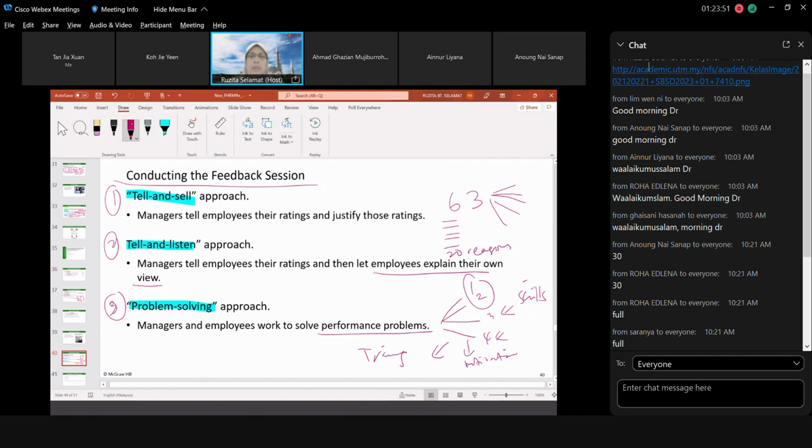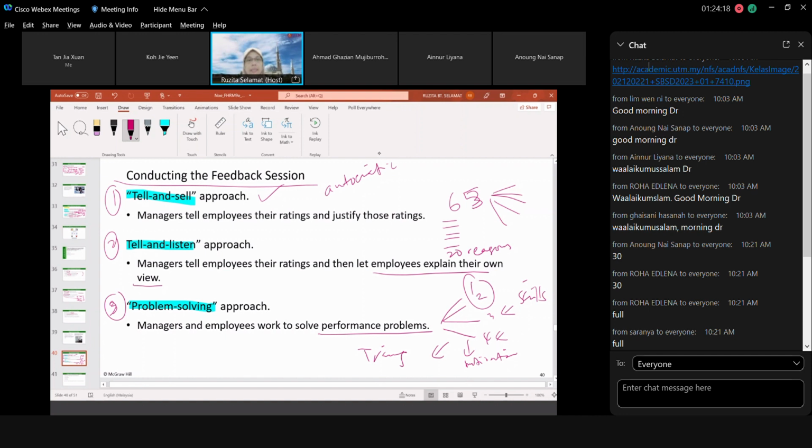Let's say your boss is someone yang memang sangat-sangat autokratik, bos yang sangat garang, strict. Dia hanya gunakan tell and sell sahaja. Okay, Sarifah, markah you tahun ni 65. That's it. Okay, you may leave now. Contoh, tak ada peluang langsung untuk pekerja memberikan input ataupun feedback.